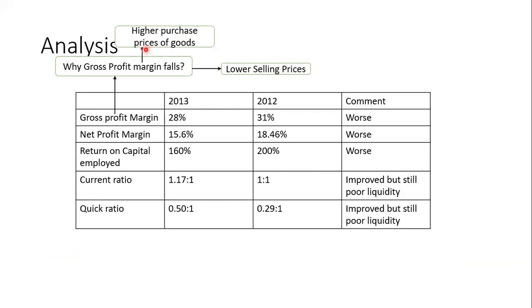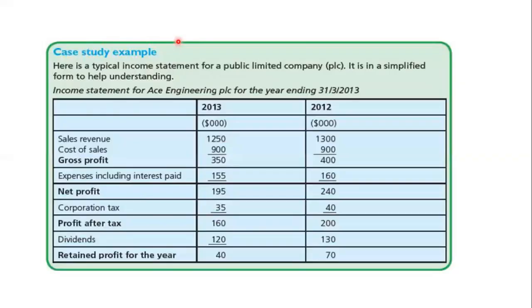Now, what about the purchase price of the goods? This will be shown in the cost of sales. Let's look at the cost of sales in the income statement. If I look at the cost of sales, it's the same. It doesn't show that my purchase price is getting higher, which means that in my situation, the only reason I can talk about is that my selling price might possibly have decreased. So if I am passing a comment, I have to comment according to my situation.